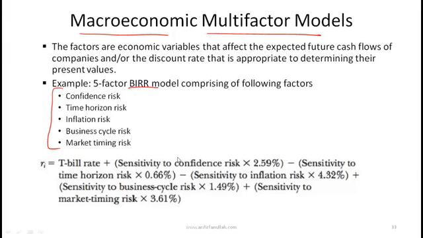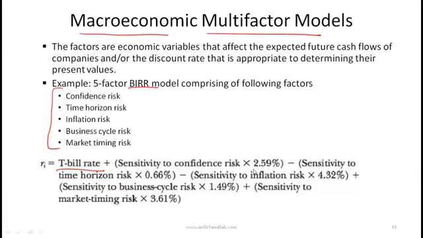Just to give you a rough sense, this particular 5-factor model is based on items such as confidence risk, time horizon risk, and so on. Now, these are each factors. So the required return will be equal to the risk-free rate plus these various factors.